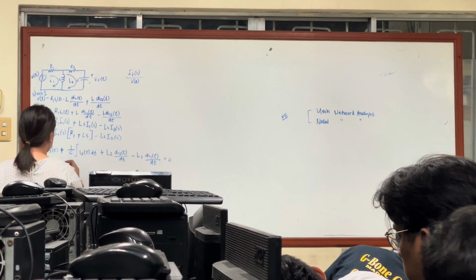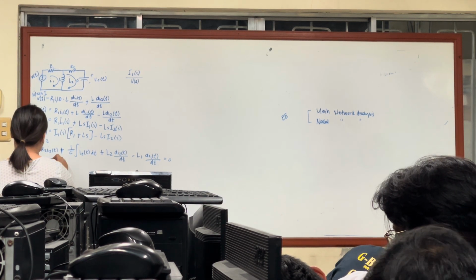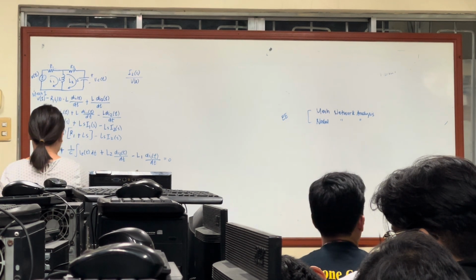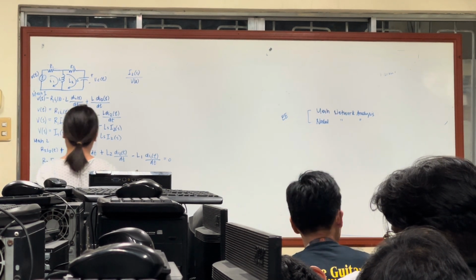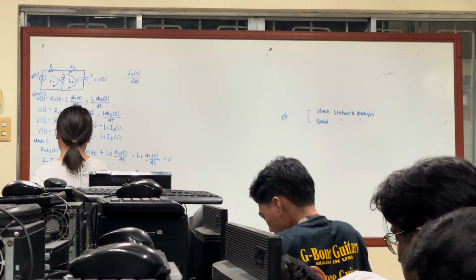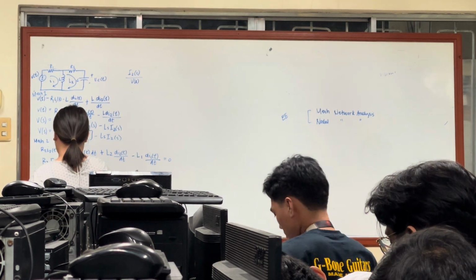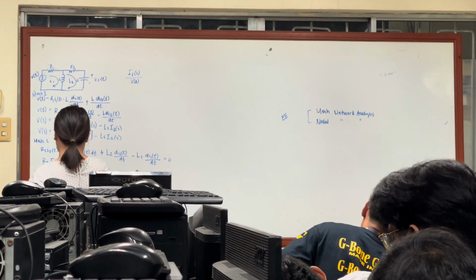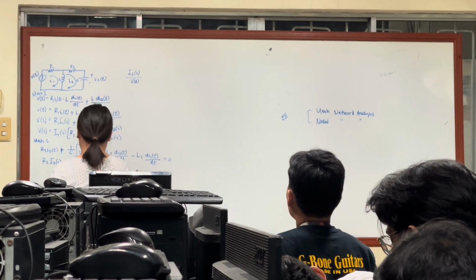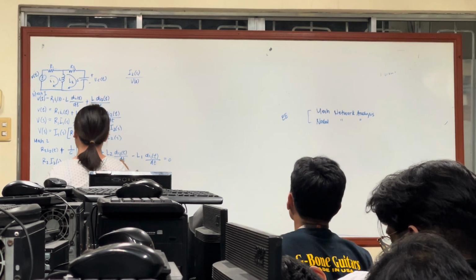Now, we have R I of S, plus 1 over C S I of S, plus L S I of S.